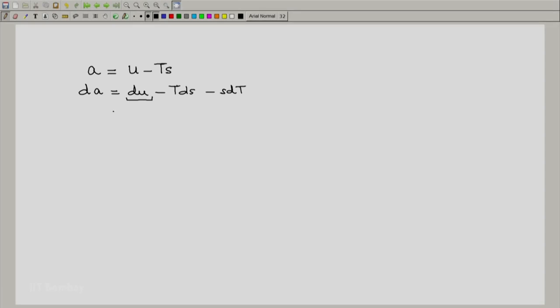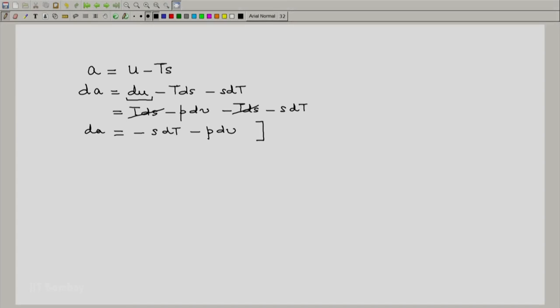Expanding dU as TdS minus PdV, we also have minus TdS minus SdT. These two terms cancel out and you end up with minus SdT minus PdV.